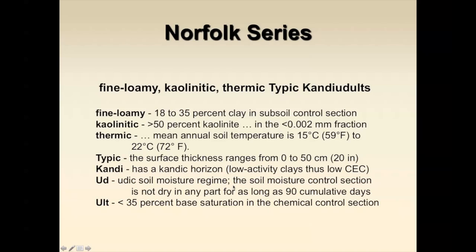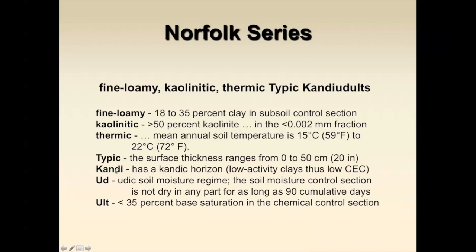The soil moisture control section is not dry. It's basically a wet soil, and there your qualification of that is, it has a candic horizon. The clays in the subsoil are going to be low activity. That means they don't react as well as some of the clays that you'll find up in the northern part of the country, in the Corn Belt.